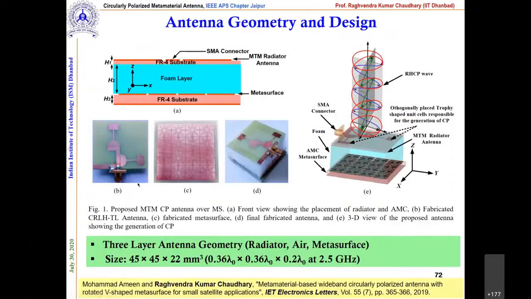The same idea, but here we are maintaining the orthogonal field components by having two different CRLH structures. The other question is how you manage the phase shift between these two orthogonal components. I'll show you.